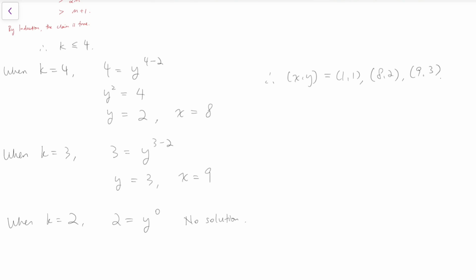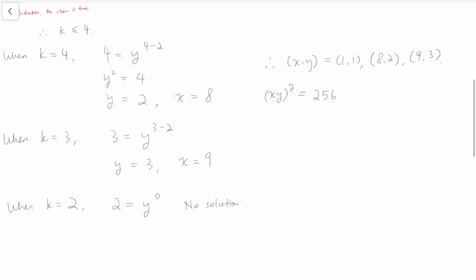Of course, we can also check, which is that for the case (1, 1) it is obvious. For the case (8, 2), x y to the power y would be on one hand 16 squared, and on the other hand 2 to the power 8. So they are both 256.